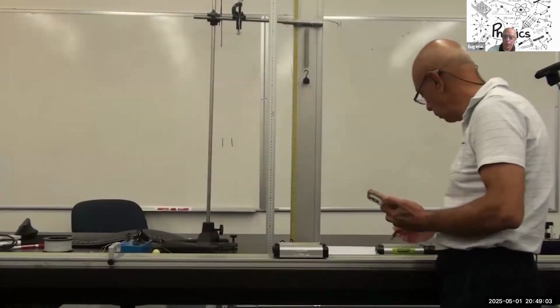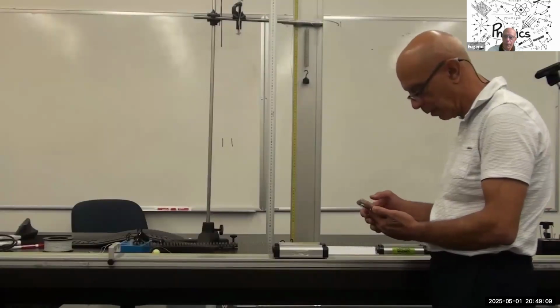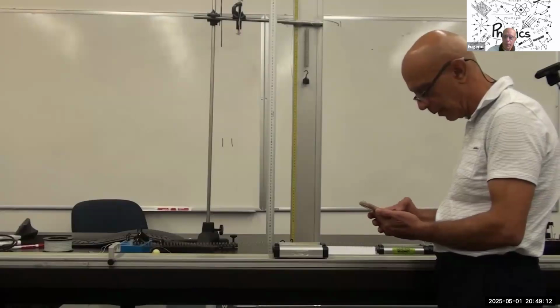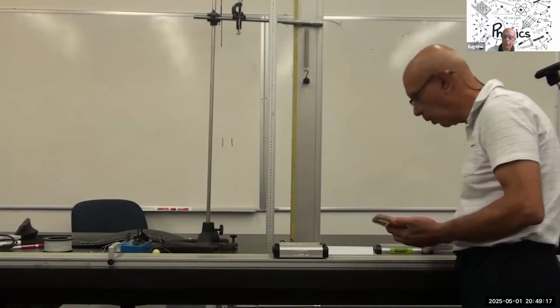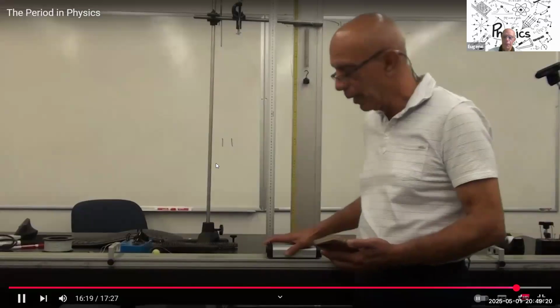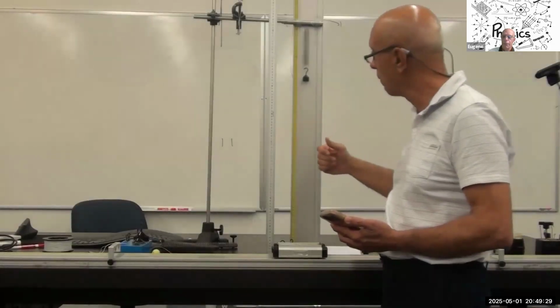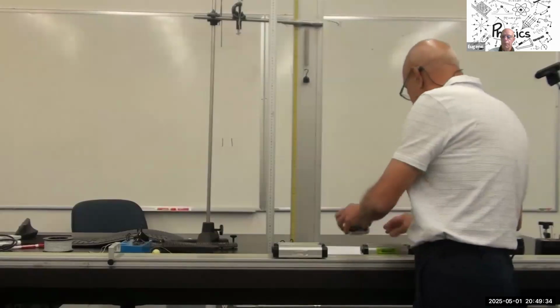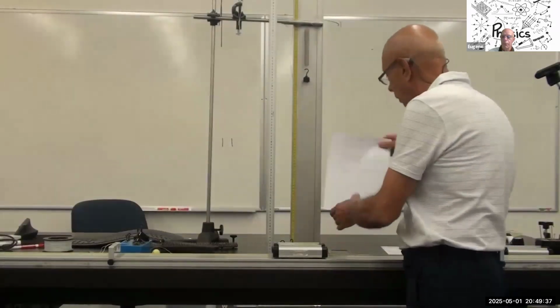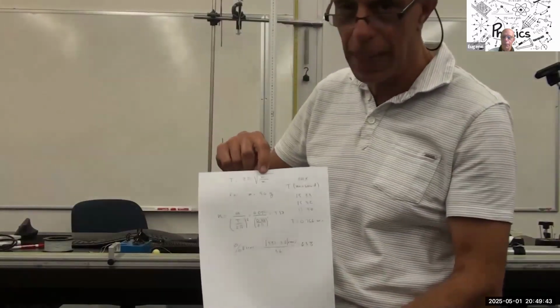So 5.2 divided by 3 is 1.7 seconds. So here, again, the same as with the spring, when we have more mass, the period is longer, a higher value. And that is because, as you can see here, the period is proportional to the mass.